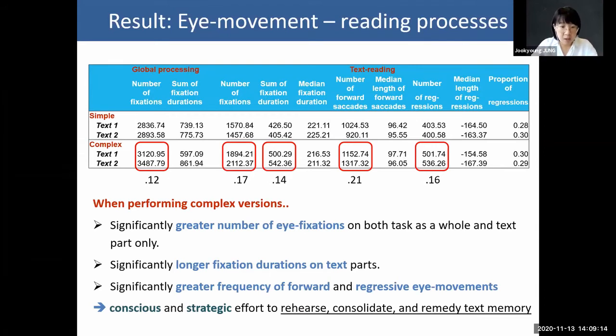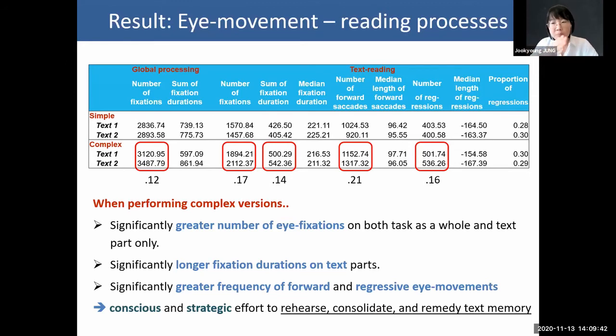And we also saw significantly longer fixation durations on the text part and significantly greater frequency of forward as well as regressive eye movements, indicating that when they had to perform the complex reading task, they made this conscious and strategic effort to rehearse, consolidate, and remedy their text memory.